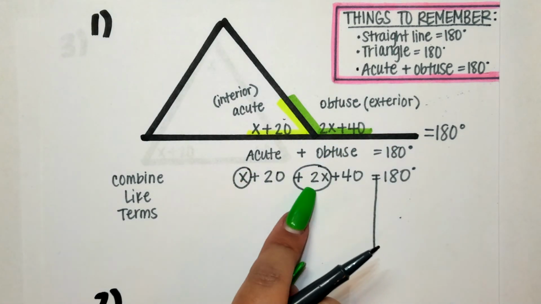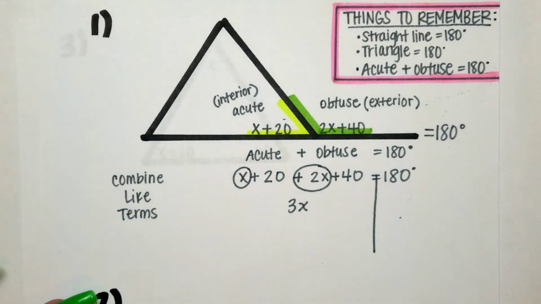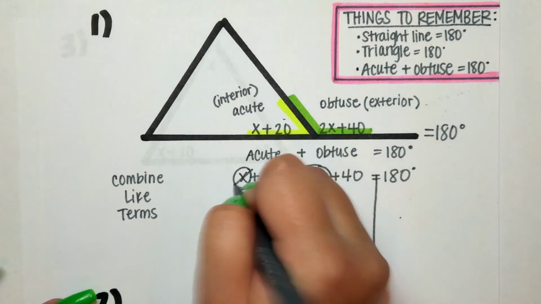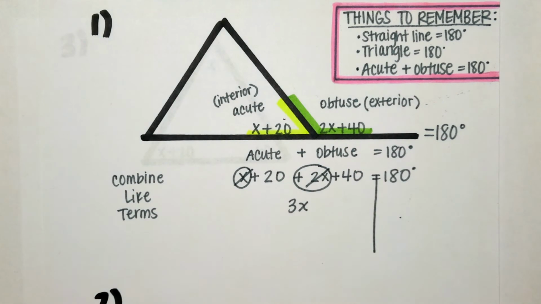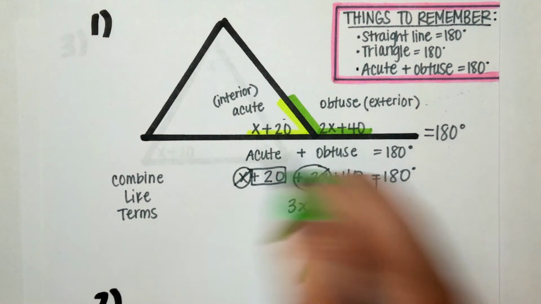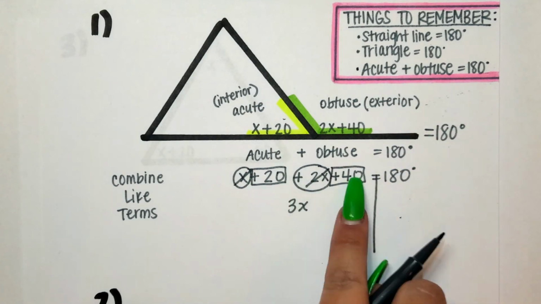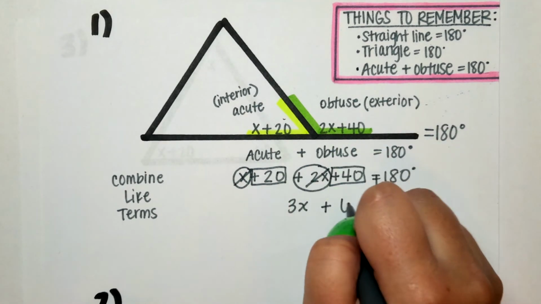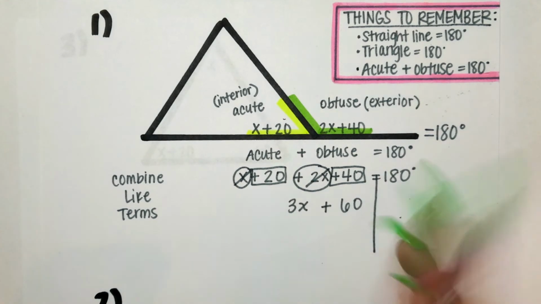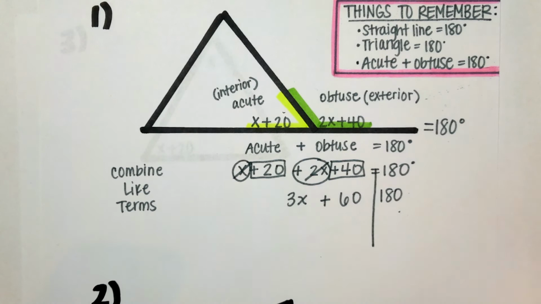So x plus 2x is going to be 3x. I can cancel these. Then I have a positive 20 and a positive 40. So 20 plus 40 is plus 60. Then I can bring down the 180.